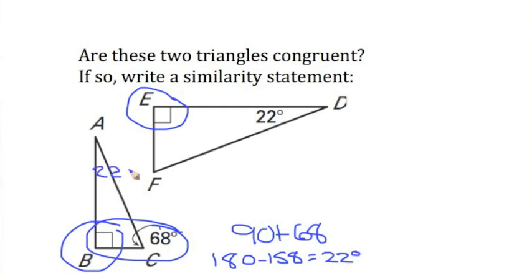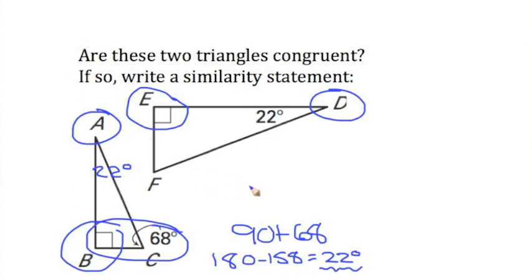So that means that third angle right there is 22 degrees, and it does indeed match A and D. So you have two matching angles, B and E and A and D. Again, the way we did that is all three angles in a triangle add up to 180 degrees. So I added the two angles that I knew, B and C, and then subtracted that from 180 and got 22 degrees as the remaining angle.